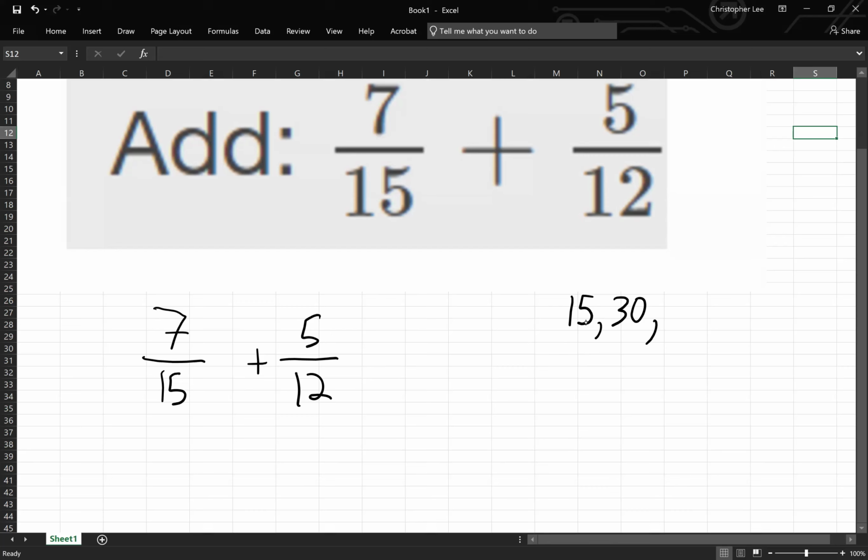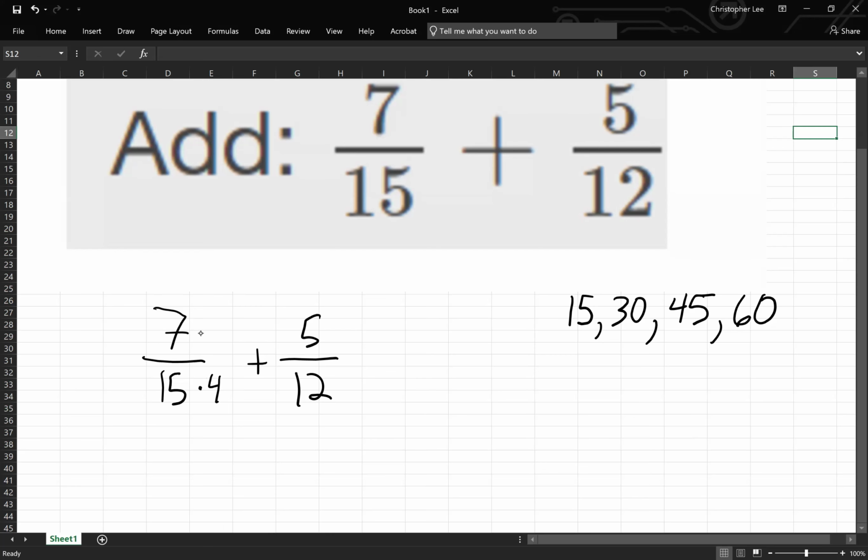All right, times 3, right? So now we have what? 45. Does 12 go evenly into 45? Hmm. Times 4, right? Now I have 60. Does 12 go evenly into 60? Good. All right. So we know that 15 times what number gives me 60? What? 4, right?